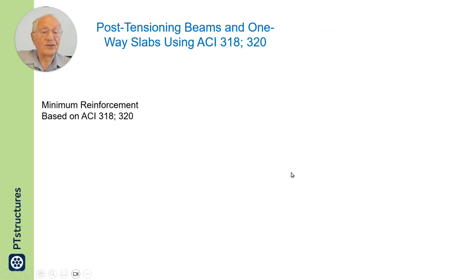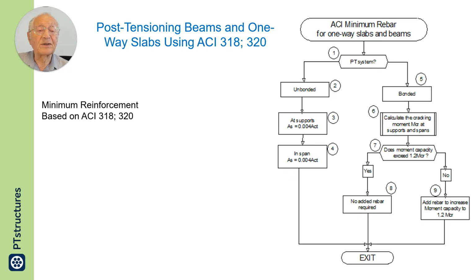Next is to put minimum reinforcement that the code requires. There is a flow chart here which shows for unbonded you need that much reinforcement, for bonded you need this. These circles refer to the detailed explanation of each of these requirements, given some here, some in the book at the end.